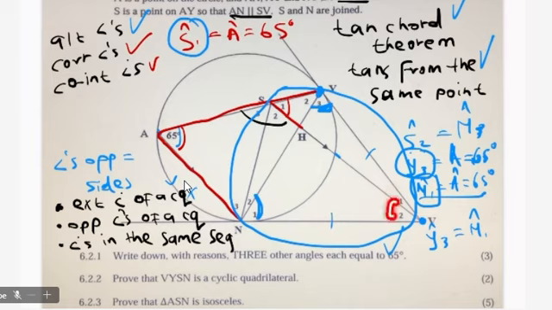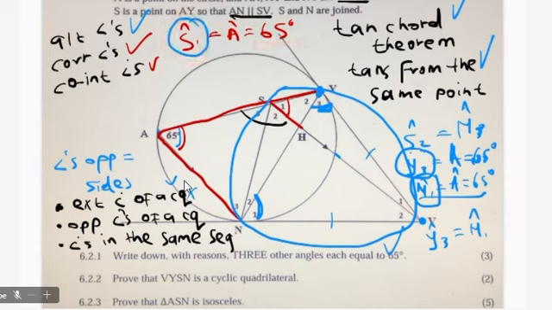V2 and Y2. So these two angles actually do not have more information, but they are subtended by the same chord. Then we can try S1 and N1. Then you see that this one can help us because why? We said S1 is equal to 65 and we said N1 is equal to 65.